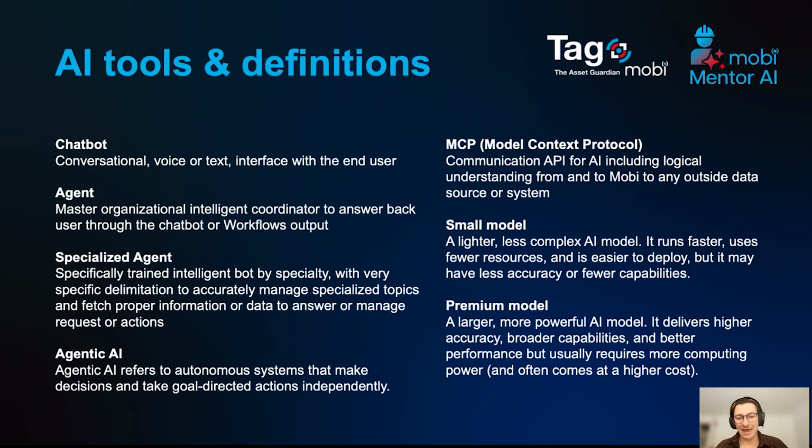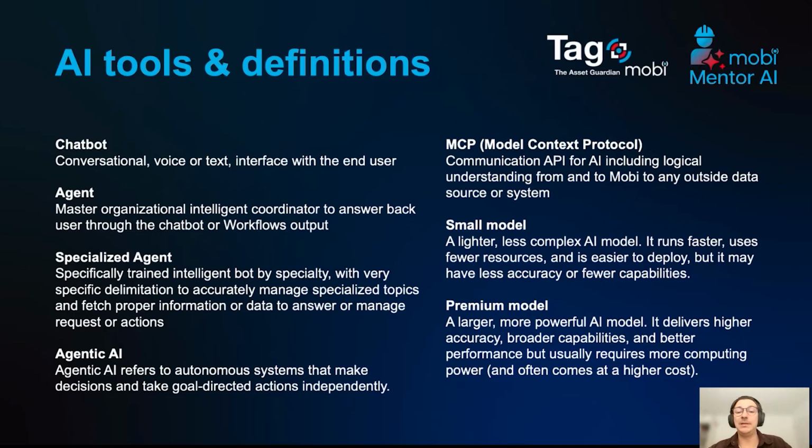First, we have a chatbot, which I think is probably how most people are getting accustomed to AI, but really think of a chatbot as just a mouth, so to speak, or really an interface with the users. Some of your interface could be PLCs, it could be our TAG app on the phone, but that's what the chatbot is.